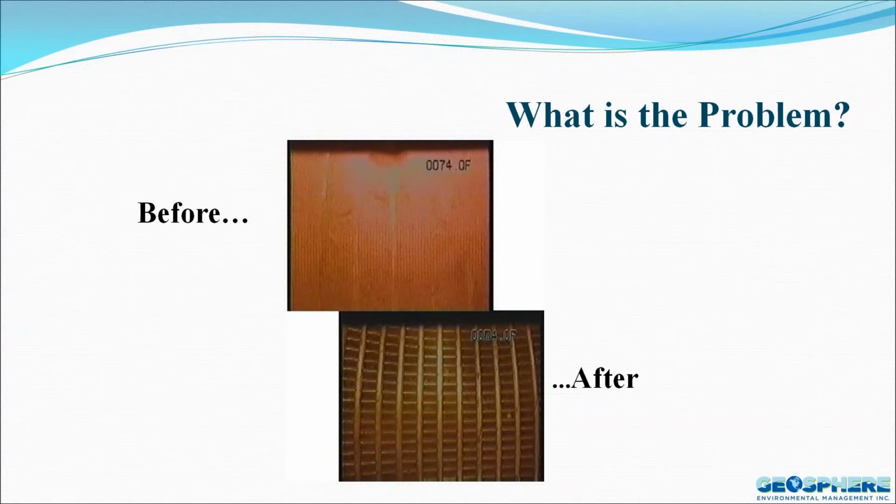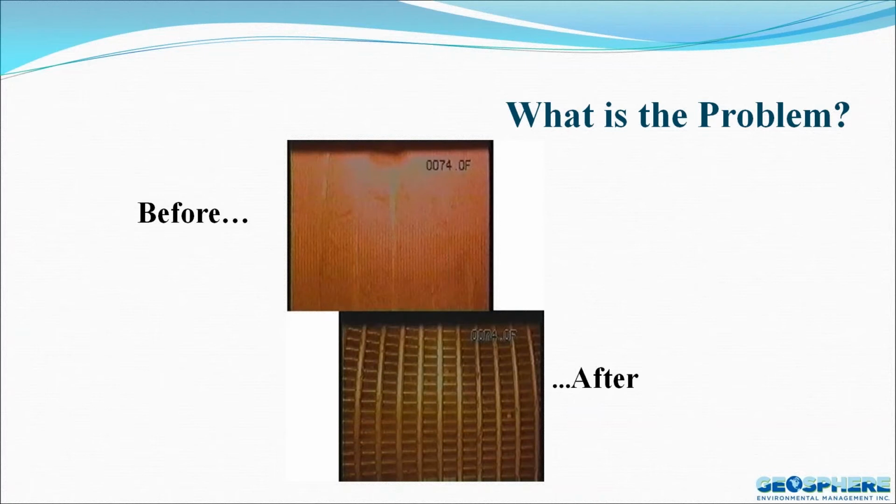Our goal when we're doing a well redevelopment is what we see in the bottom picture, the after picture, and now we can actually see the internal structure. We're inside the well, and we can see the vertical rods in there. We can see the trapezoidal wire wrapping around it, and the openings between the wire, which is the screen slot size, and sometimes we can also see the gravel pack or the natural formation on the outside.